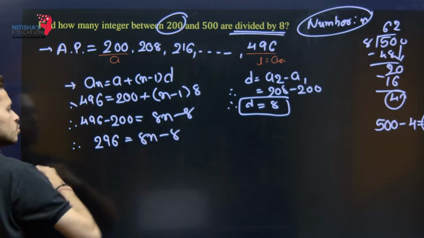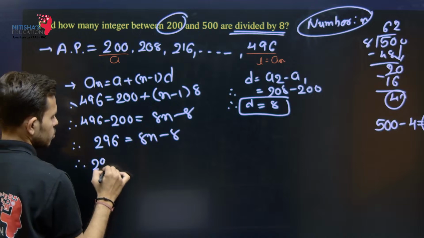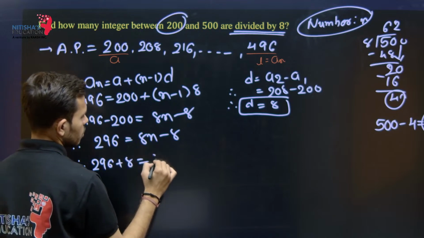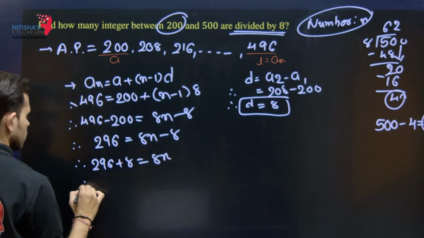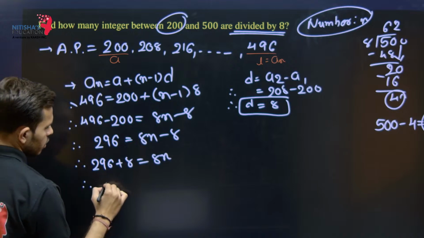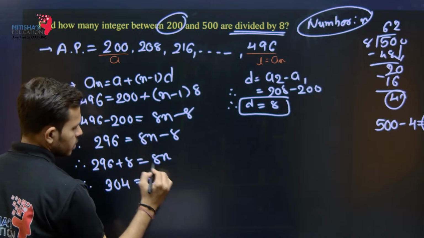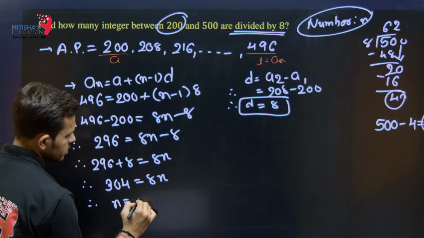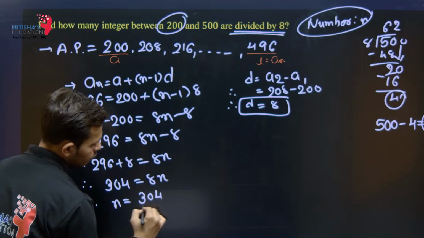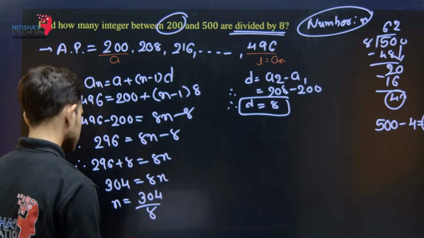Transpose minus 8 to the left side. 296 plus 8 is equal to 8n. Therefore, 304 is equal to 8n. n is equal to 304 divided by 8.